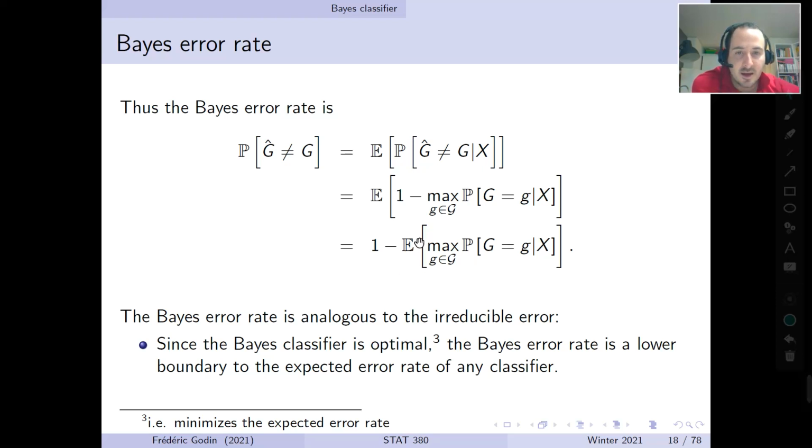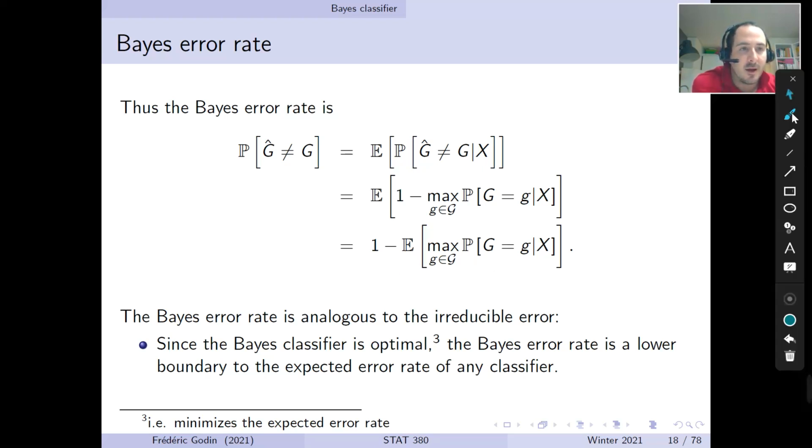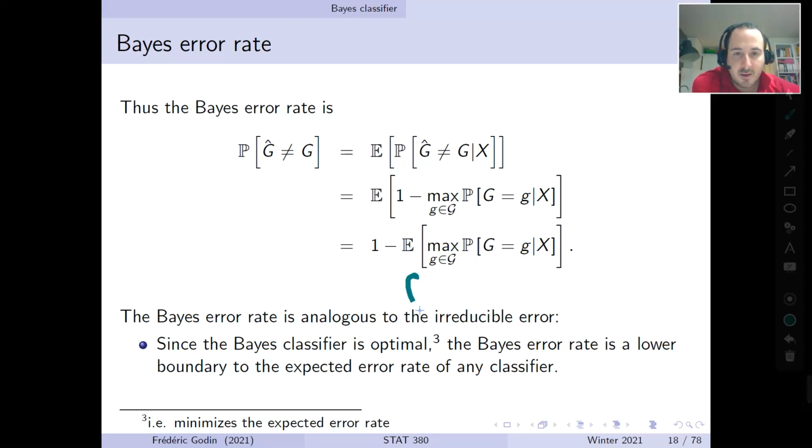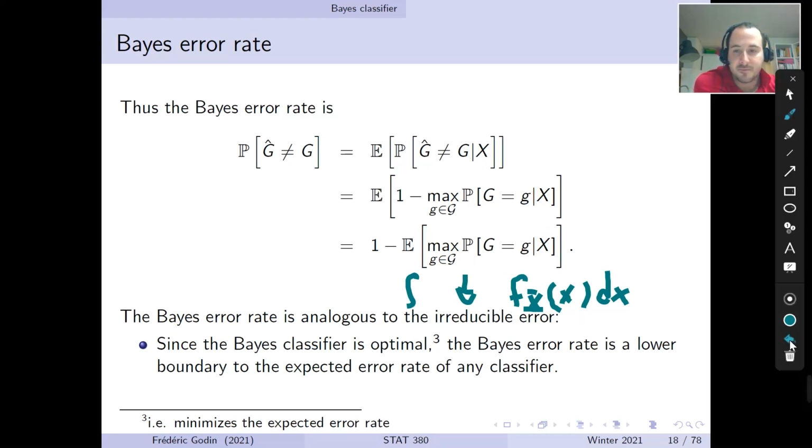This expectation outside would simply entail integrating that random variable with respect to the distribution of x, dx, where x can be a vector here. So the Bayes error rate is 1 minus the weighted average, based on the distribution of the predictors, of the probability of making the right classification given that set of predictors.